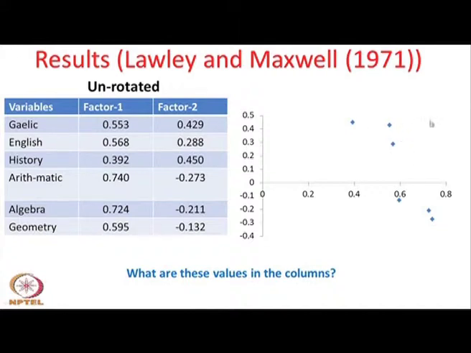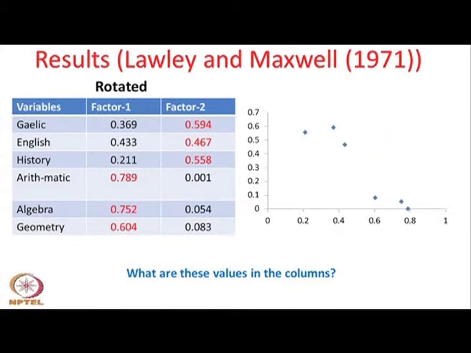They are almost here on this side, not highly loaded with the second factor or with the first factor. So, under such a situation, if I rotate the factors, can we get some better picture?